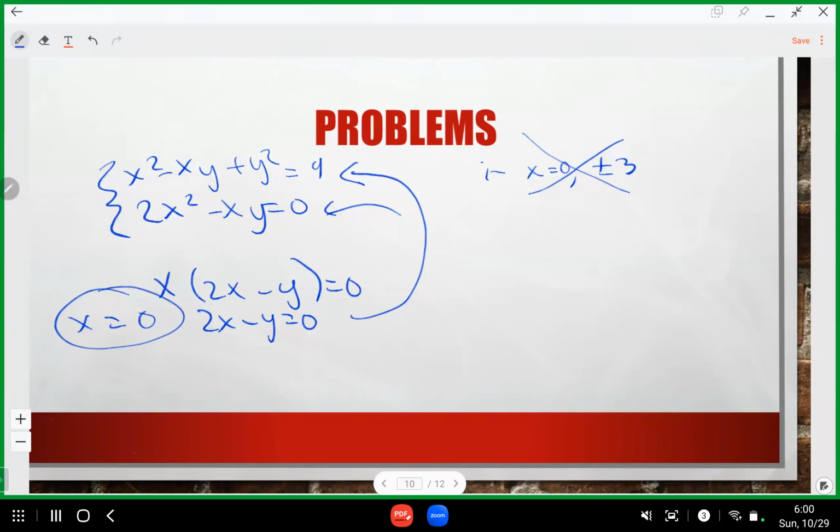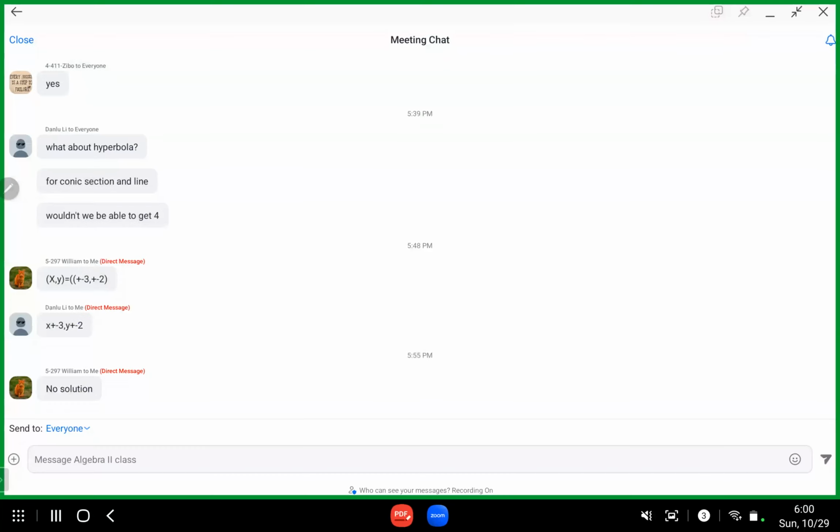So if we go on Desmos real quick, let me change my screen. If you go on Desmos and we look at the solution, it's an ellipse with a line through it, but the answers are not 0 and plus or minus 3.